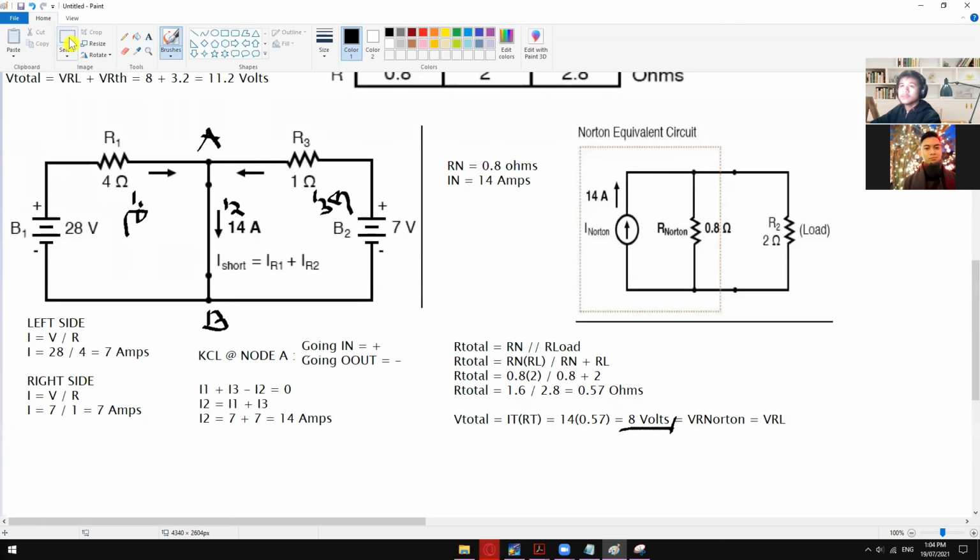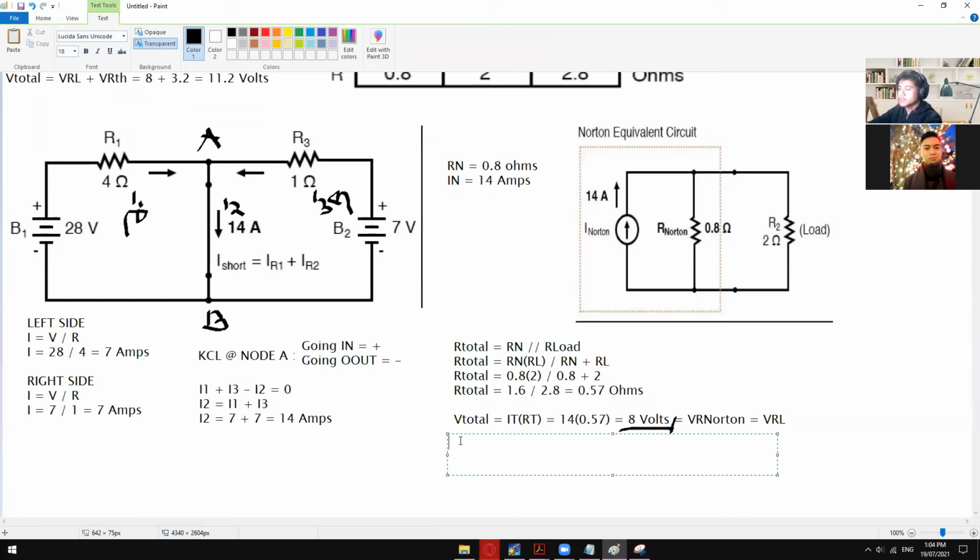Okay, and the next one is maybe you would like to find the current across R Norton and the current across R load. So that's also possible, of course. So IRN, the current across R Norton, is equal to the voltage across RN divided by the R Norton, which is RN.